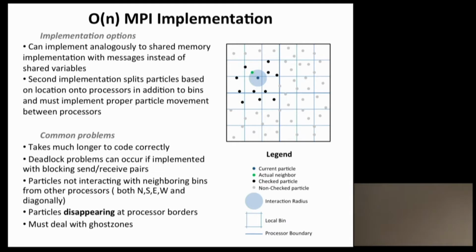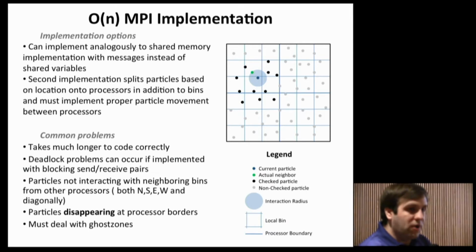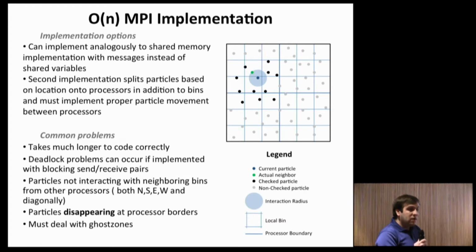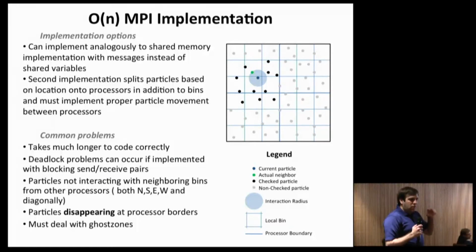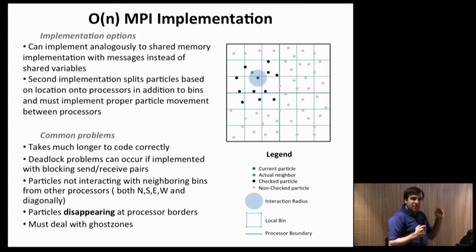If you do a sort of spatial decomposition to the problem, then you can do the binning locally at each step, and you have to figure out a way to initially split the particles up, but that only happens at the first step. So if you do a spatial decomposition, then at each step you can have each processor only be responsible for its domain, and that will ensure a parallelization practically of the bin creation for the MPI code.